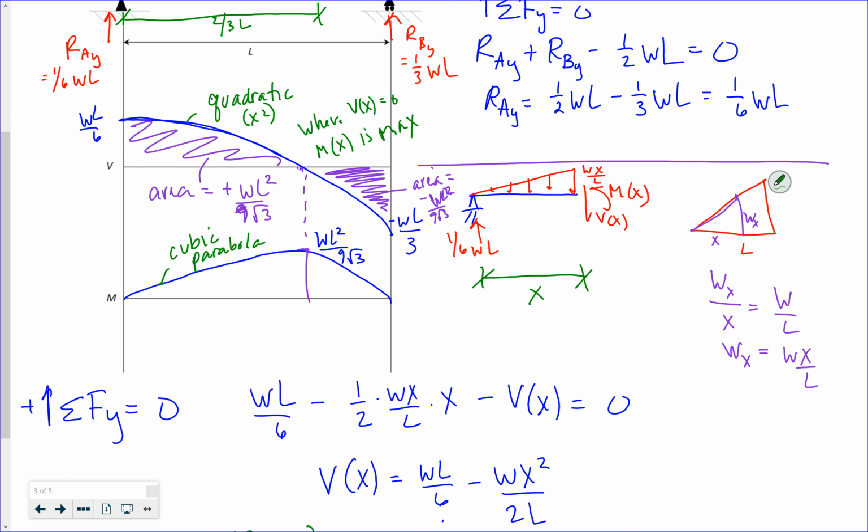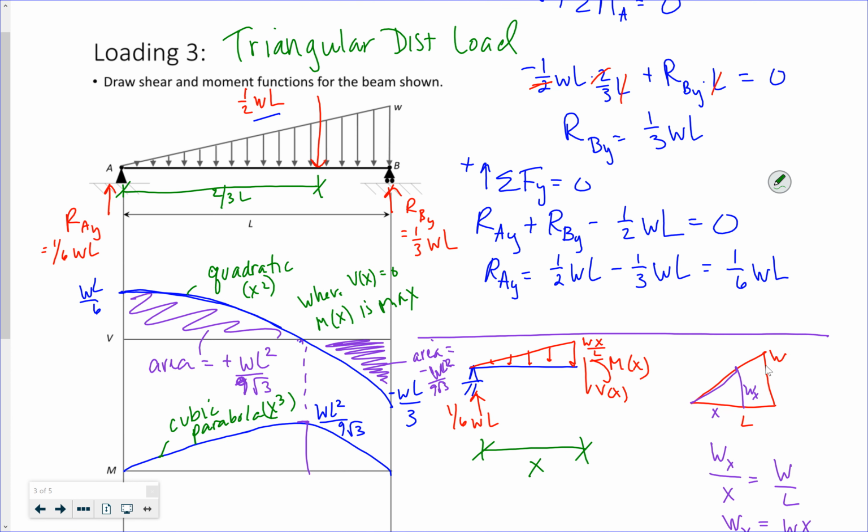And notice, this is x cubed. And this is all because this function is linear. It's x, right? Take the derivative of the moment, x cubed, you get an x squared function. Take the derivative of an x squared function, the shear, you get the applied load, which is linear.